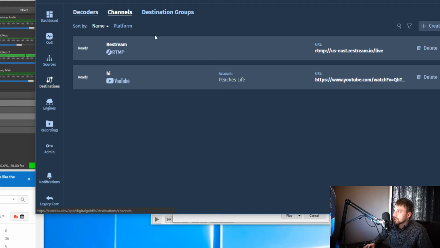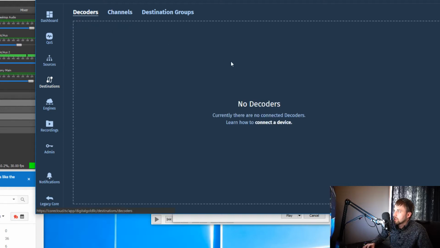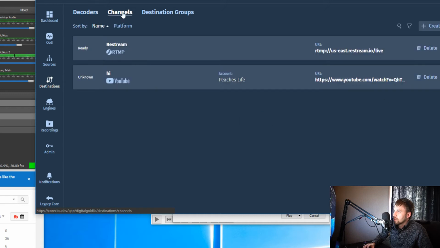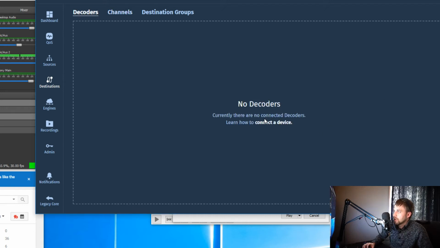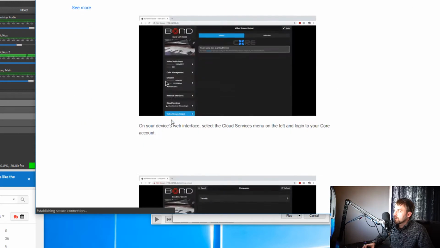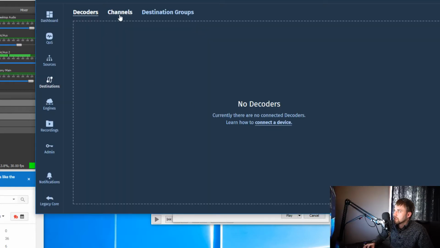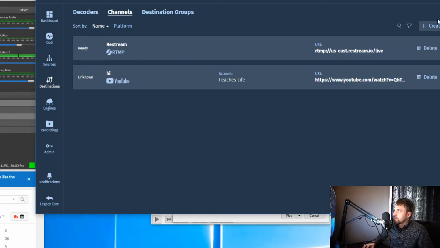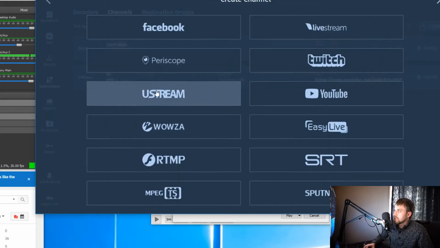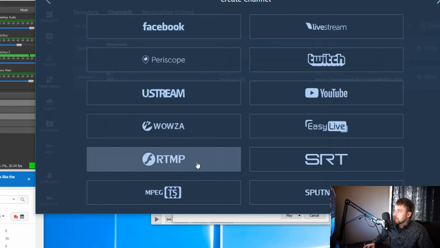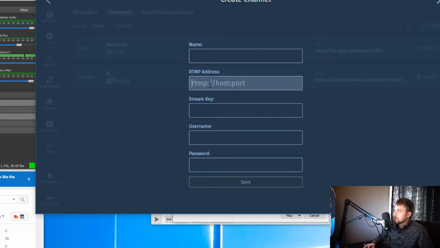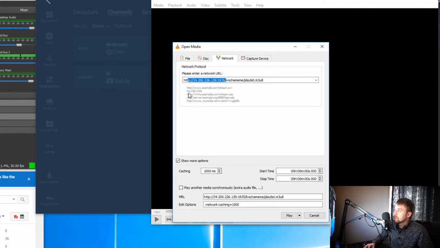That destination is built through either a decoder or a channel. I don't have a problem doing a decoder, but then I have to do a server on here. So I figured I could go to a channel. If I go to a channel, I can hit create and go to either RTMP, which then requires an RTP.